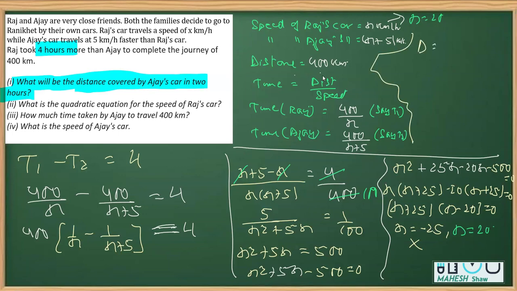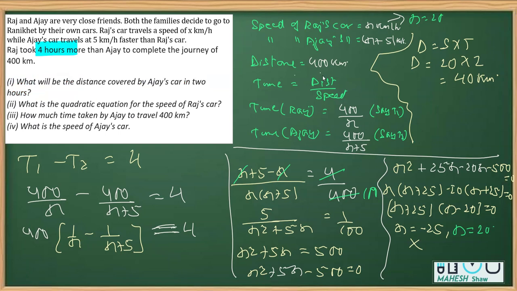Speed we got as 20, and the time is 2 hours. So it's 2 into 20, that is 40 kilometers. That's the first part, and the answer is 40 kilometers.